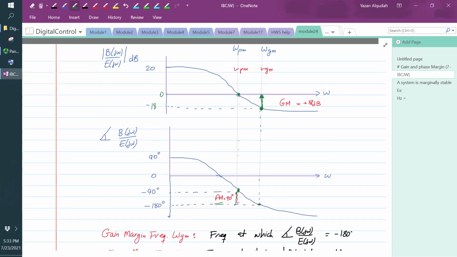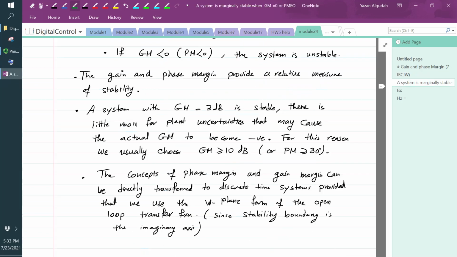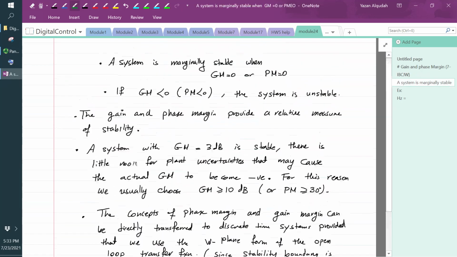This is used in studying continuous time systems. Now we're going to take this and apply it to discrete time systems.